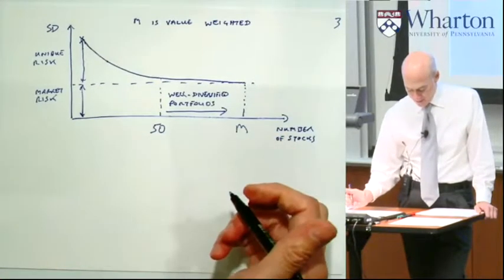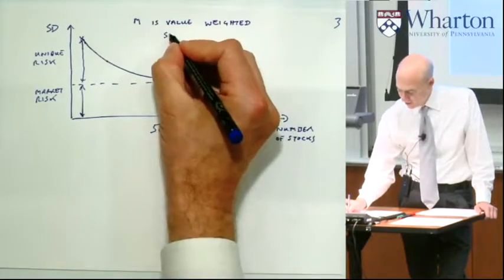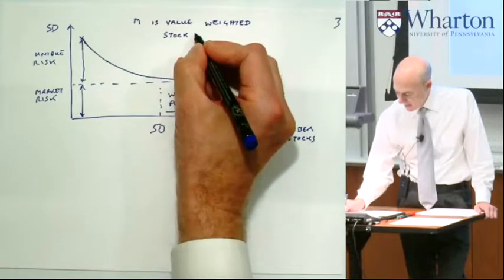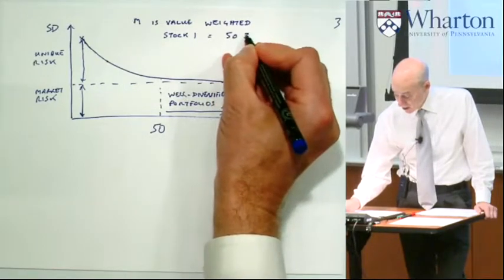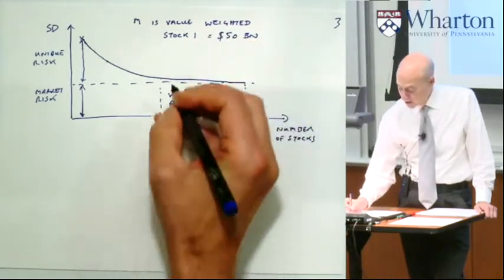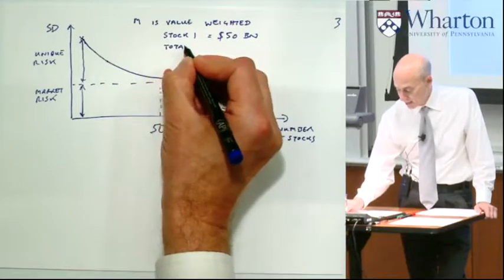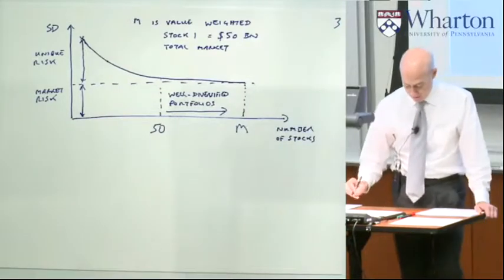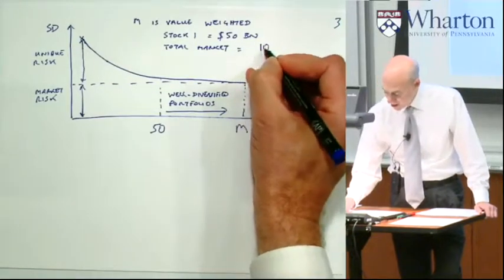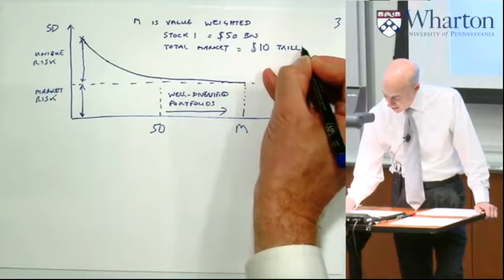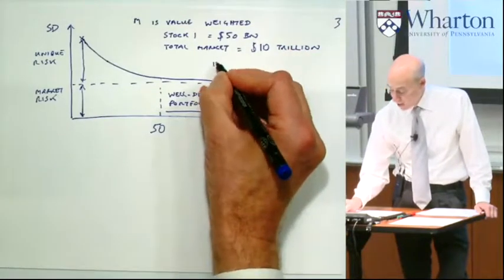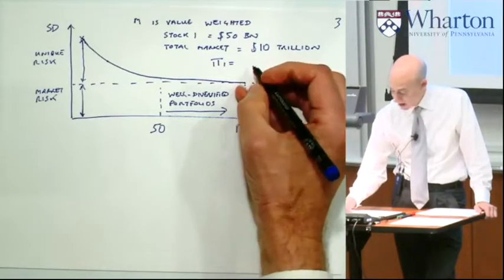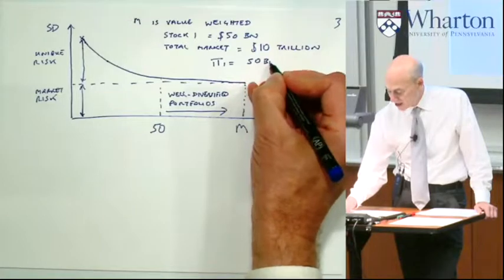So, what does that mean? Well, if the value of firm 1, the value of its stock, is $50 billion, and let's suppose that the total market capitalization, so the sum of all the stocks' value, is $10 trillion, then Pi 1, the proportion invested in stock 1, is 50 billion over 10 trillion.